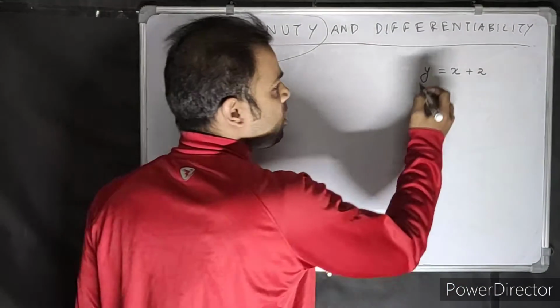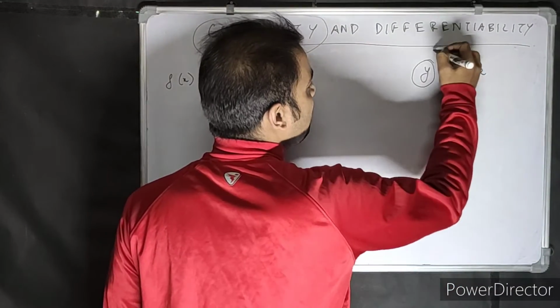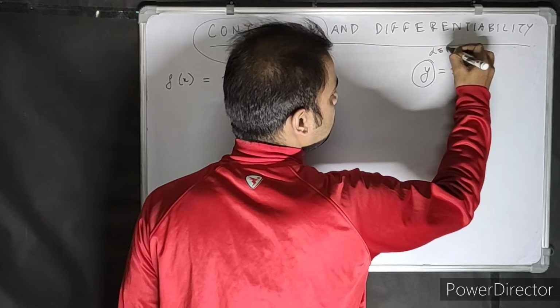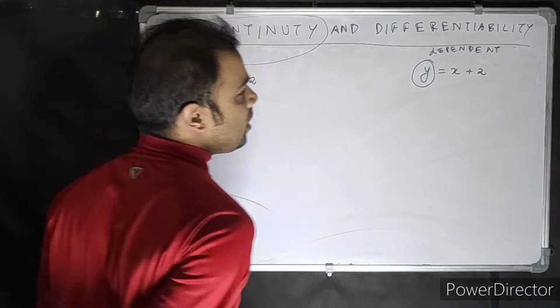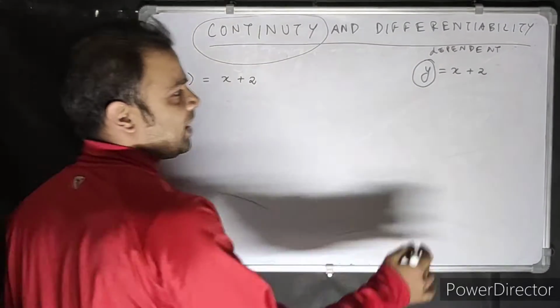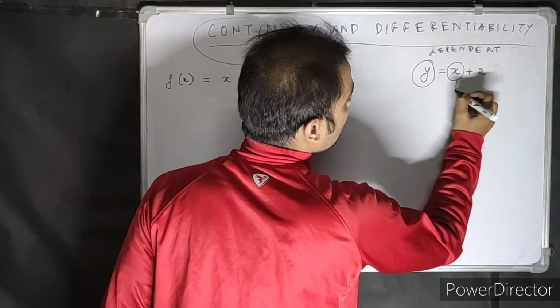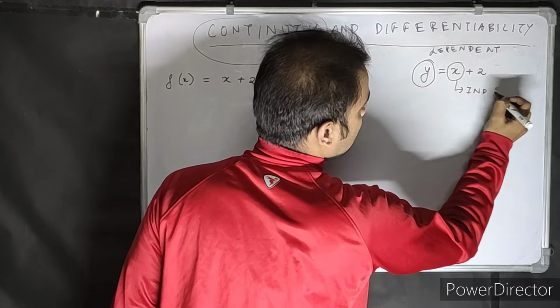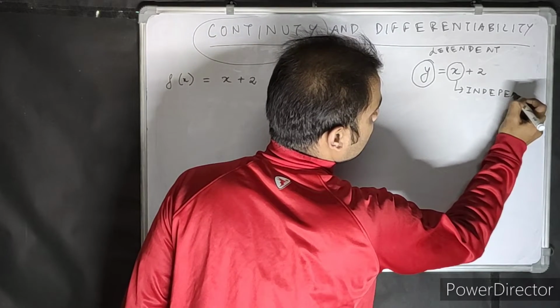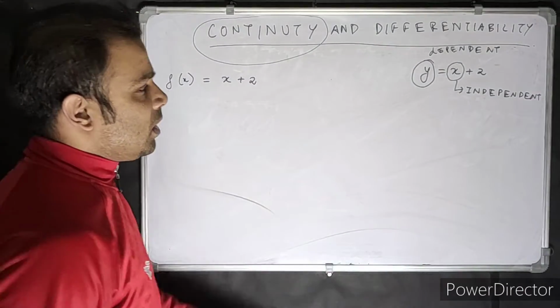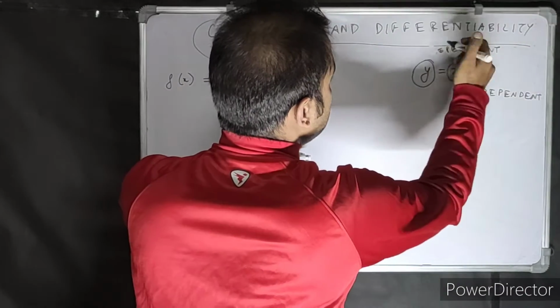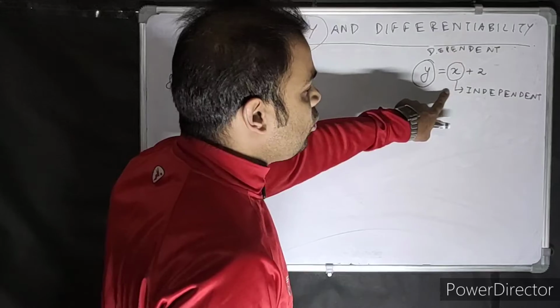What happens? This y is a dependent variable and this x is an independent variable. What does that mean? Dependent means it depends on the values of x.